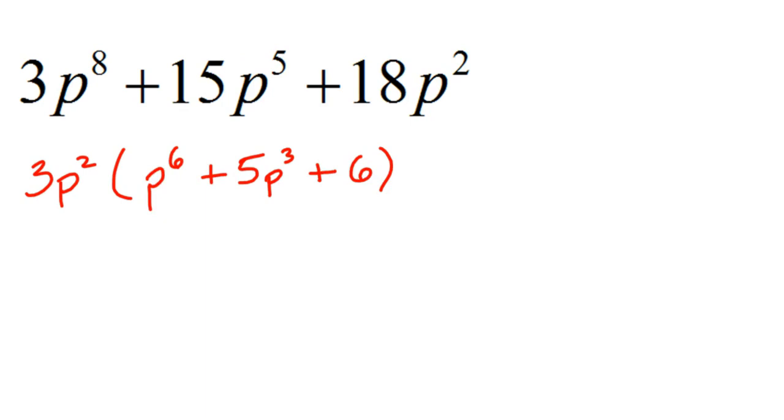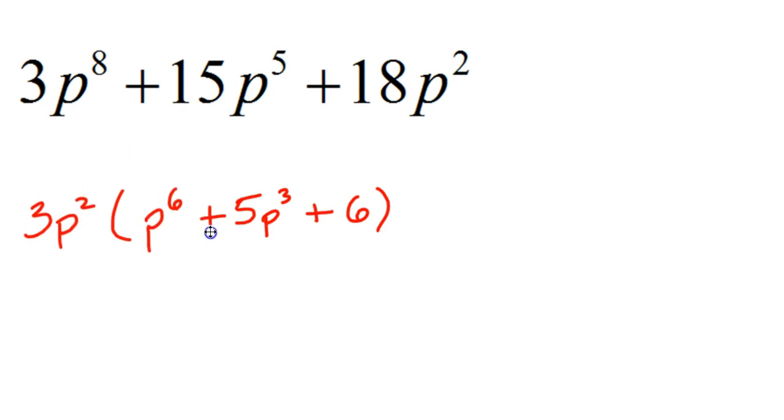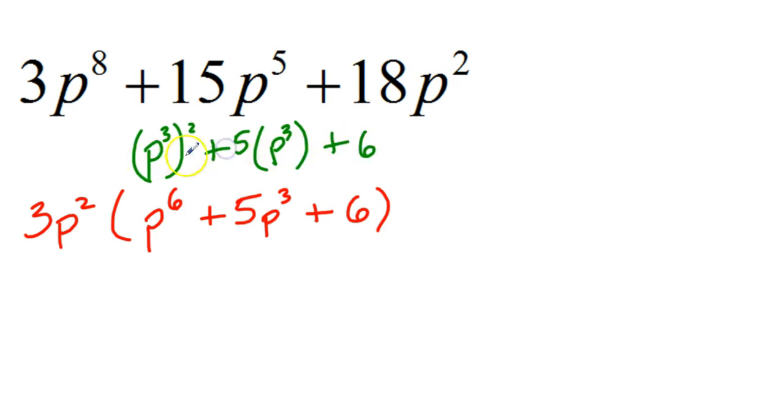So I could express this all as p cubed squared. That's p to the 6th. And I could express this as 5 times p cubed. So it's kind of like I've got that u in here. Okay, I'm kind of showing a structure here. This is the u squared, 5 times u plus 6.